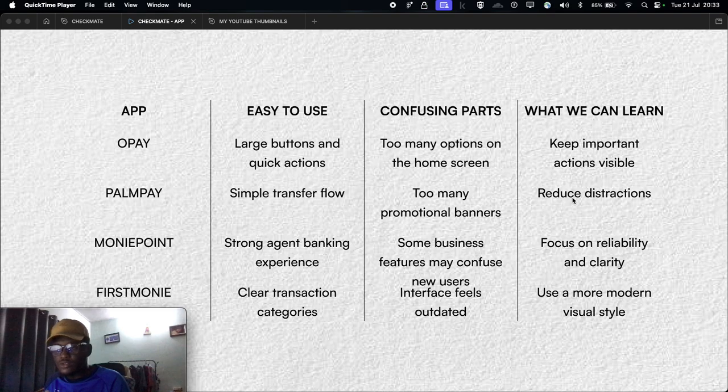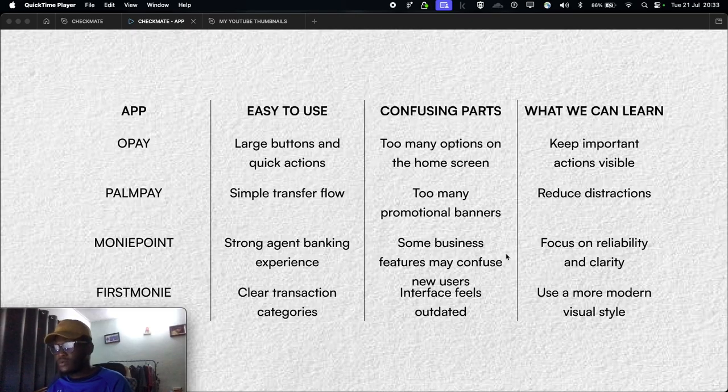We go again to another competitor, MoneyPoint. What is something MoneyPoint is doing well? Oh, maybe they have a strong agent banking experience. You're like, okay, I like that part of MoneyPoint. What's something they're not doing so great? Maybe the business features may confuse new users, right?